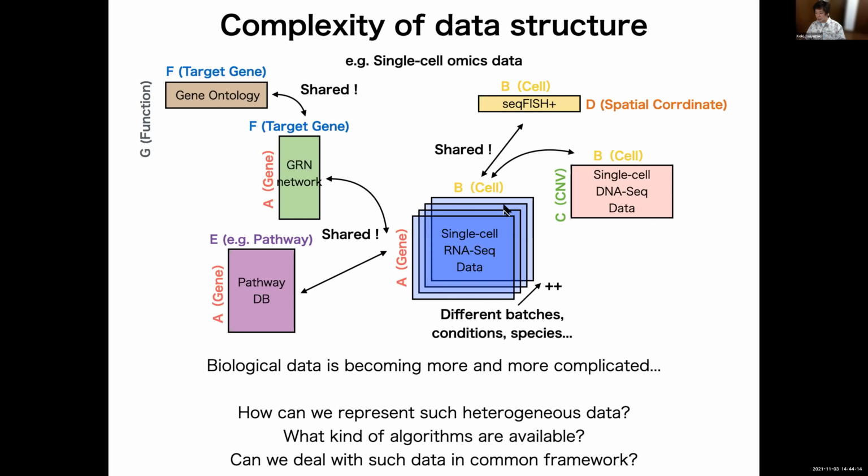Likewise, gene-related information such as pathway databases, the gene regulatory network, and the target gene's function are available. There are some open questions. For example, how can we represent such heterogeneous data? What kind of algorithms are available? Can we deal with such data in a common framework?